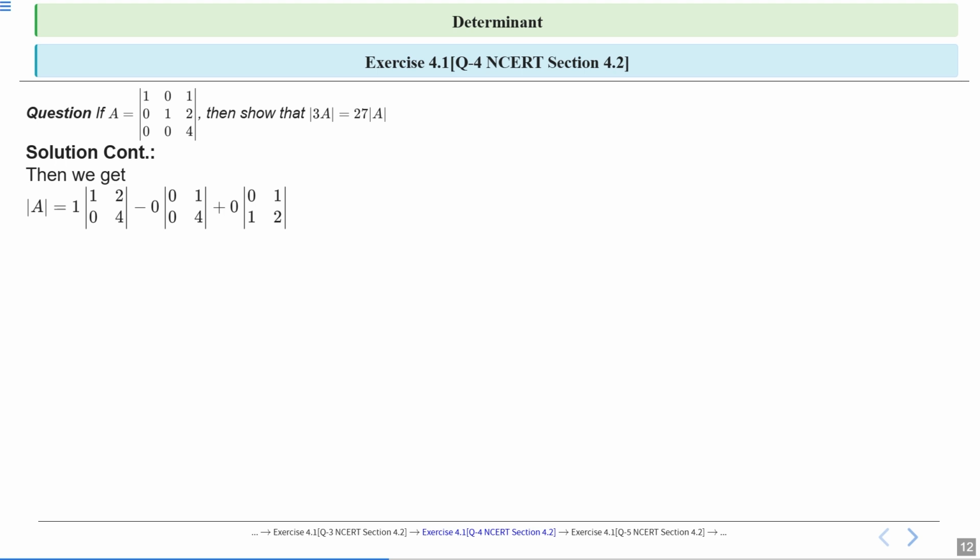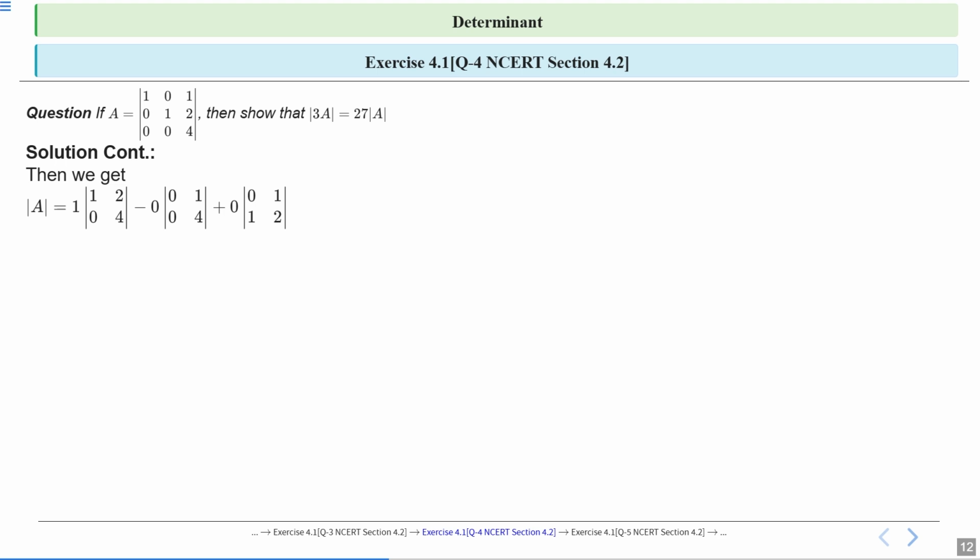So we get plus into 0, then multiply with the determinant of order 2 cross 2, that is obtained by cancelling the third row and first column. We are only left with the matrix 0 1 1 2 of order 2 cross 2, and we have to find the value of the determinant of that and multiply with the element 0. Okay. So that's how we find the determinant of a matrix of order 3 cross 3.